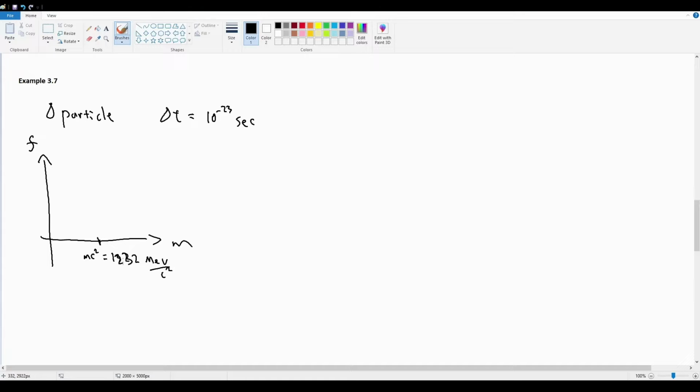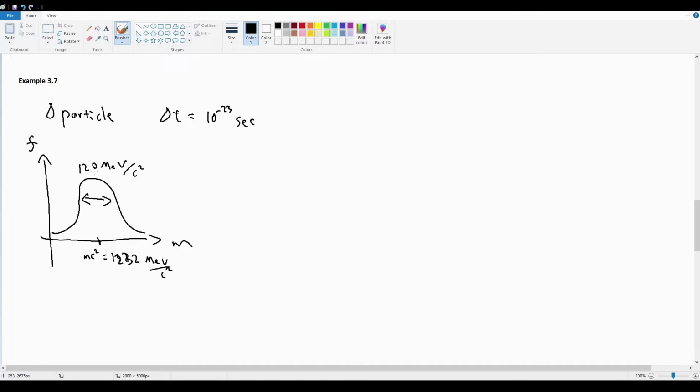This is its actual rest mass if you plug it into the E equals mc squared formula for a delta particle. What you'll find is that the masses you measure for all these millions of delta particles follow a normal distribution, a bell curve centered at the rest mass. The width of this bell curve is roughly 120 mega electron volts per c squared.